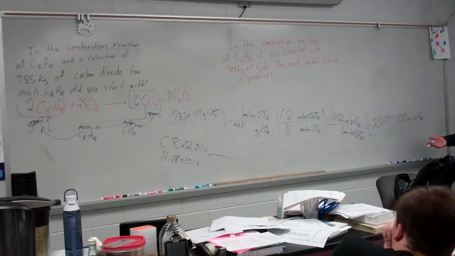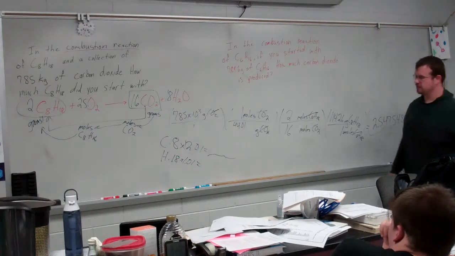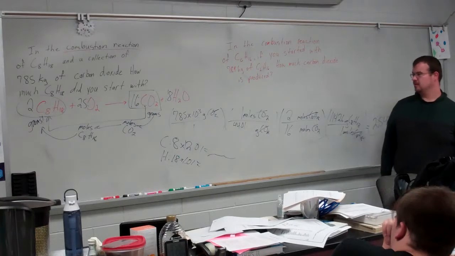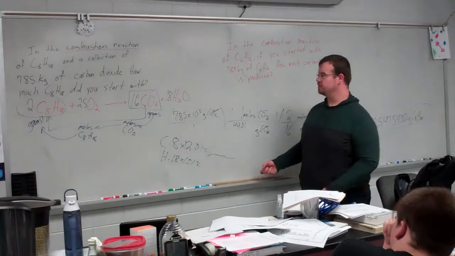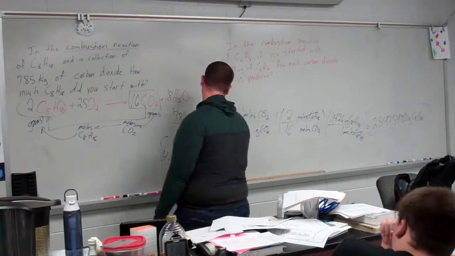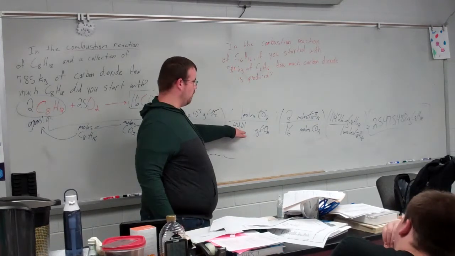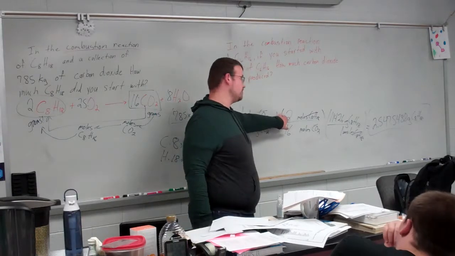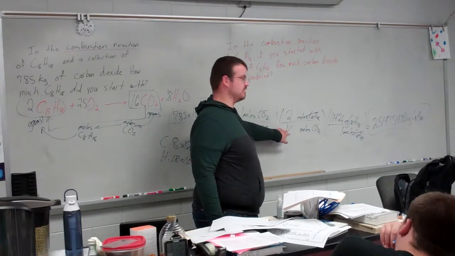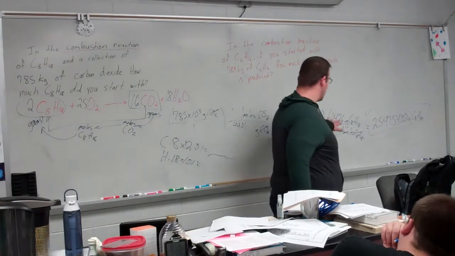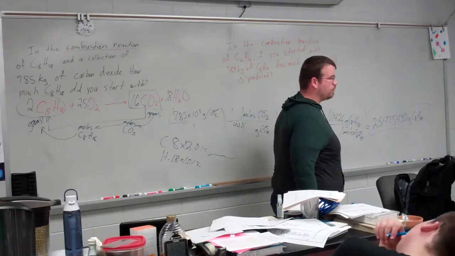The only thing I can stress to you here is just make sure that you're following this, okay? You're going to punch in 7.85 e to the third, and it's divided by 44.01. Then it's times 2. Then it's divided by 16. Then it's times 114.26.